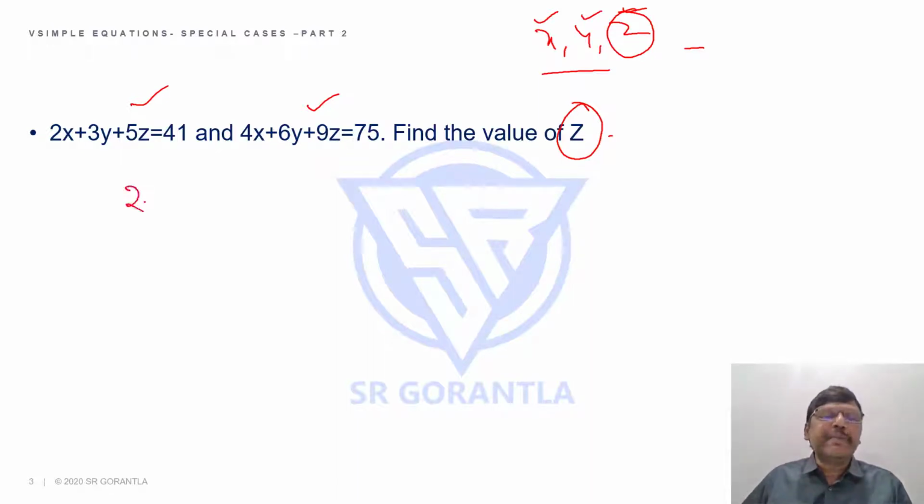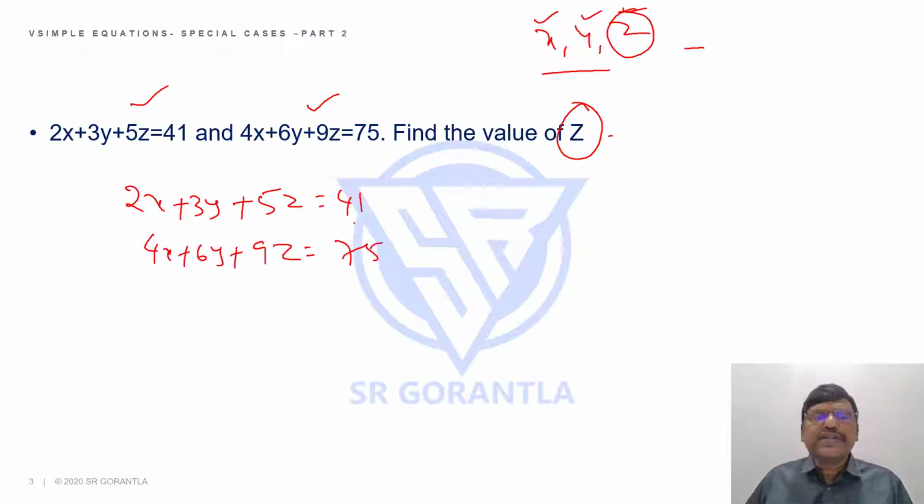Let me write here a little bit clearly, students. 4x plus 6y plus 9z equals 75. Students, when you want z, other than z, if you see the equation 2x plus 3y, 4x plus 6y, is the ratio same? 2:4, what is the ratio? 1:2.